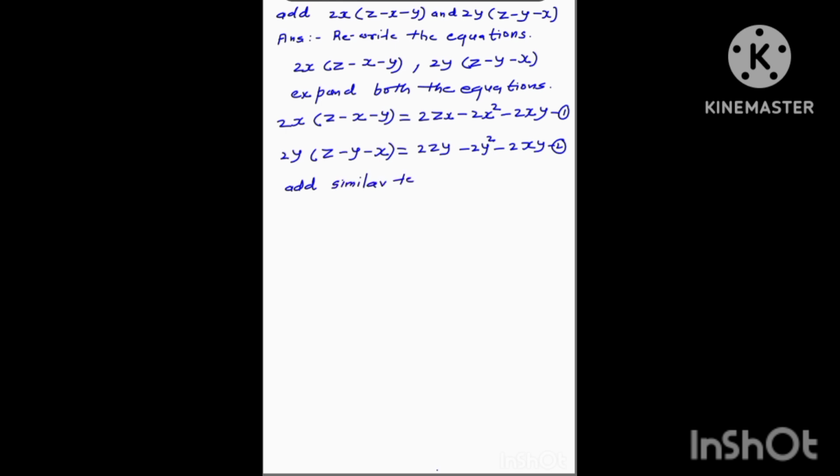Add the similar terms, that is, write the similar terms one below the other. That is why I was talking about writing the terms in proper order, like zx can also be written as xz, but write in the same order next time. Okay, this is the first one I am taking.